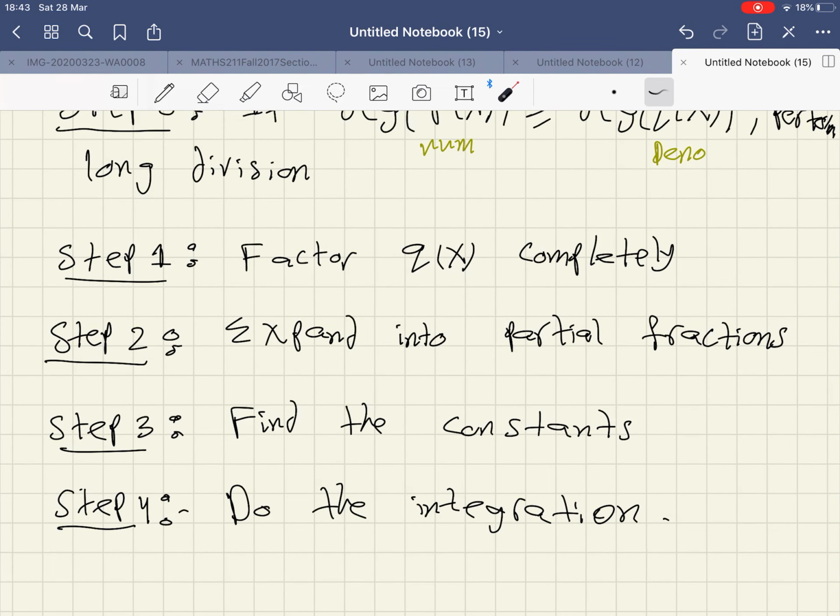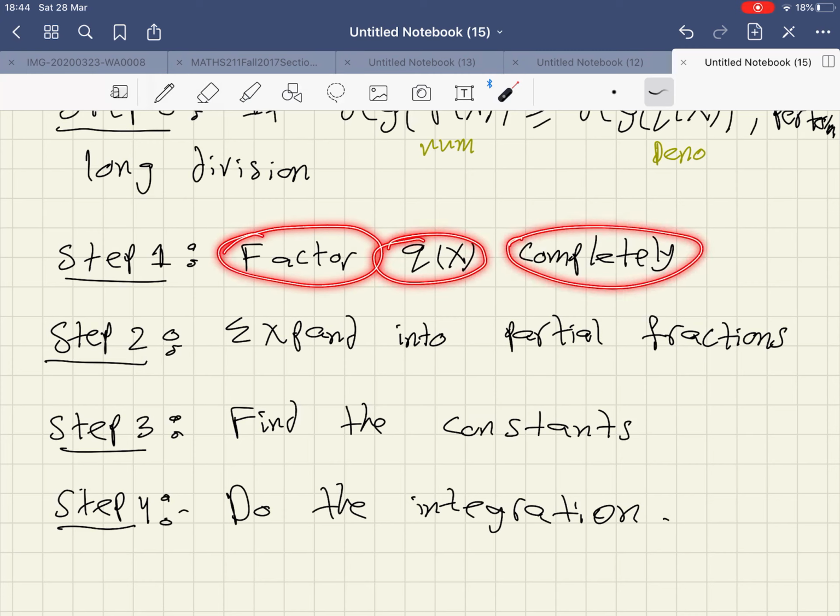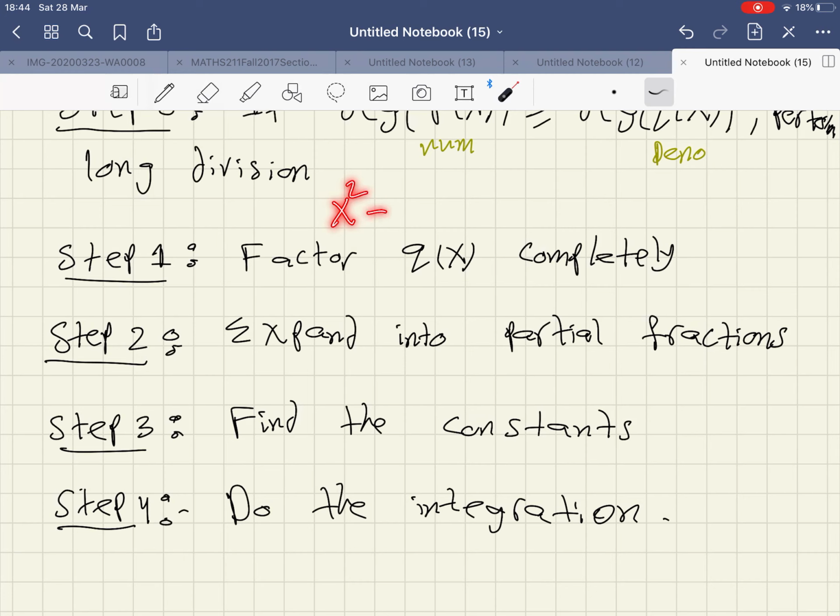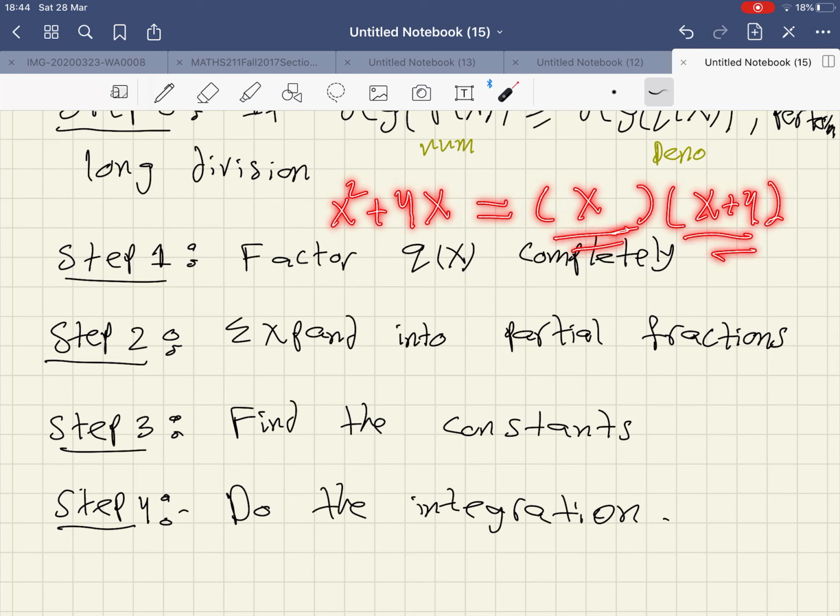Second step, we need to factor the denominator completely. So if the denominator is x squared plus 4x, we need to factor it into x times x plus 4, but again, we need to factor it as much as we can.